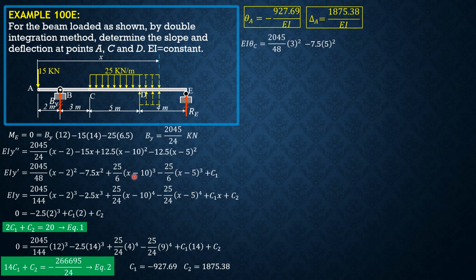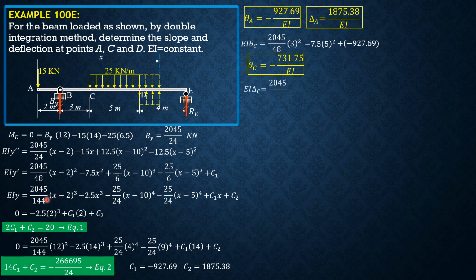This is ignored because the quantity inside the parentheses is negative. This is 0 when x is 5. Then the next term is plus C sub 1, negative 927.69. So theta C is equal to negative 735.75.